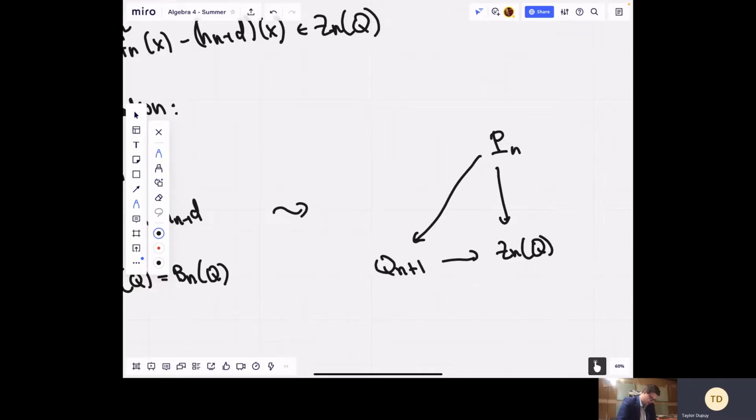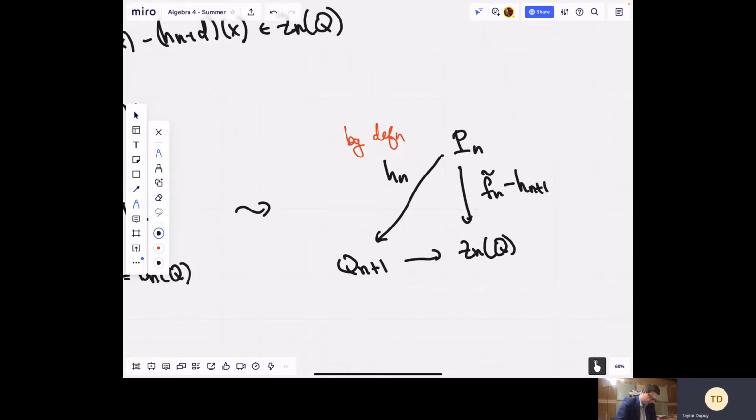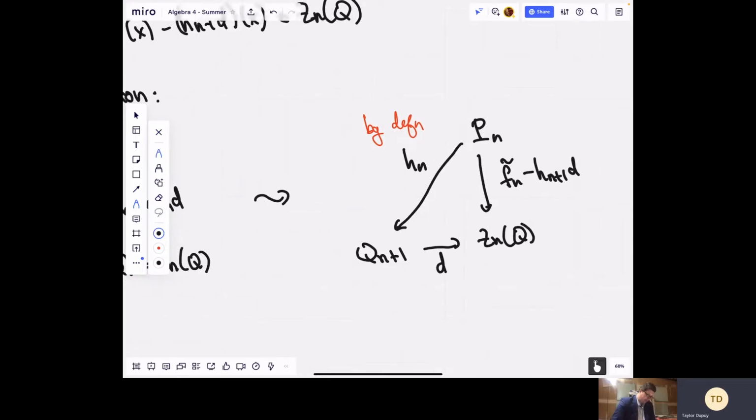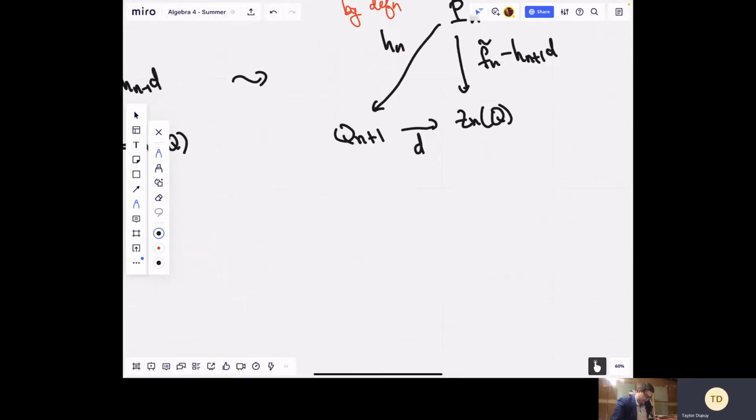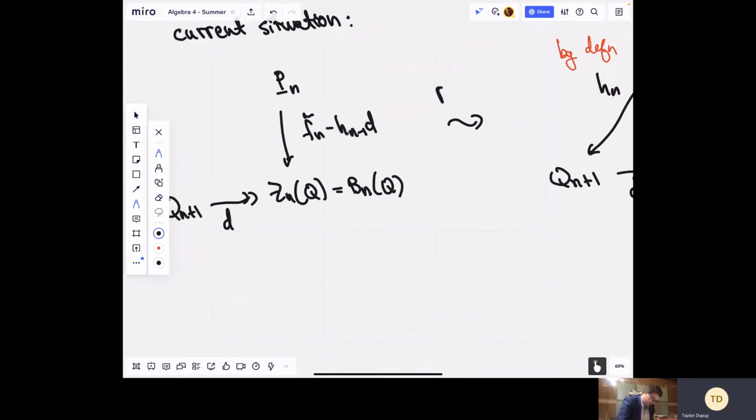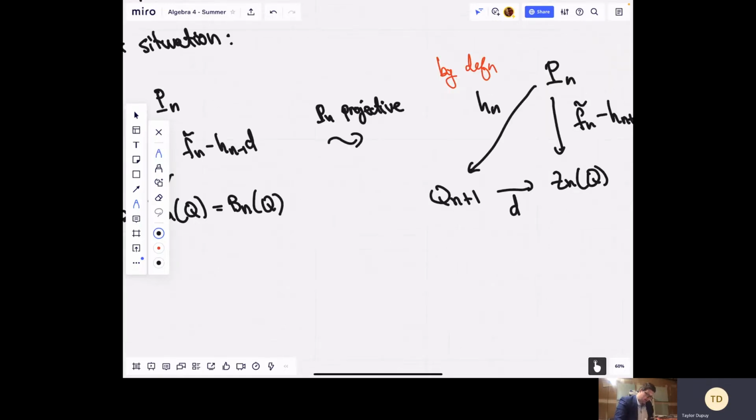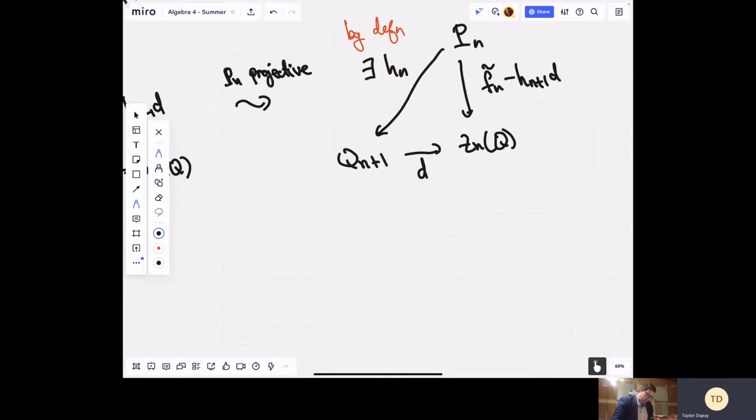By definition, this lift exists. There exists some map like this making the diagram commute. Let's check that this thing commutes with D. Pn is a projective R module, so this map exists.